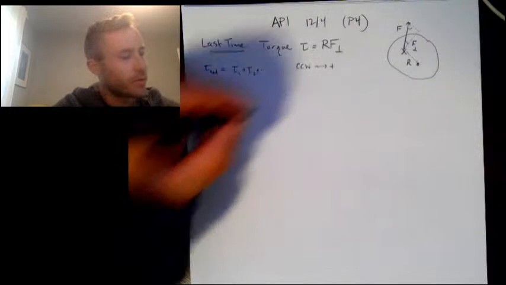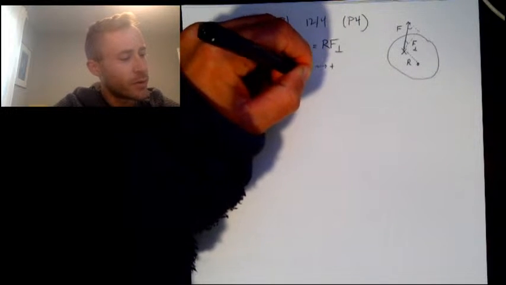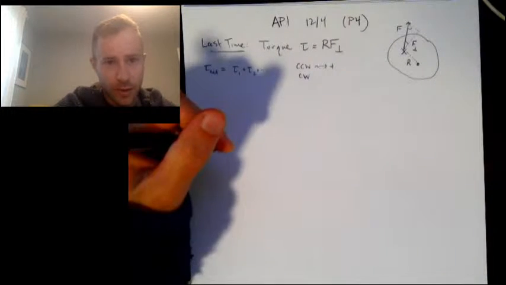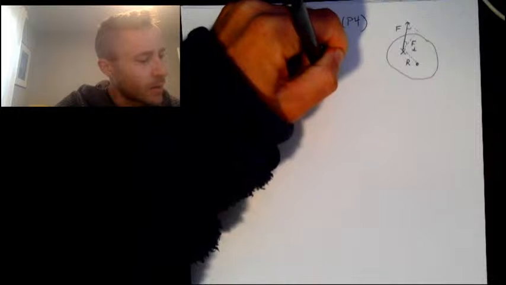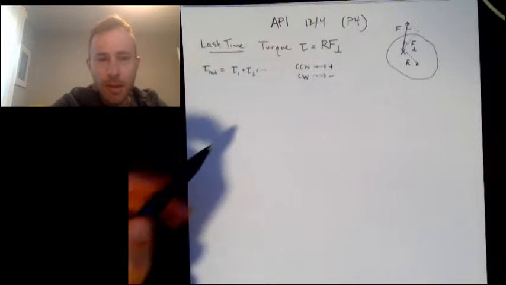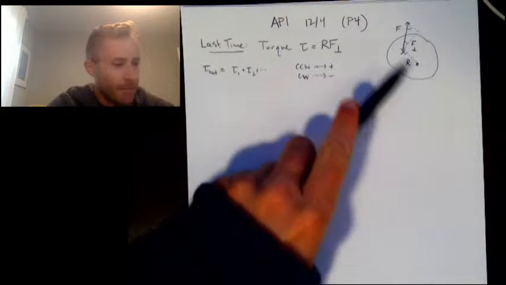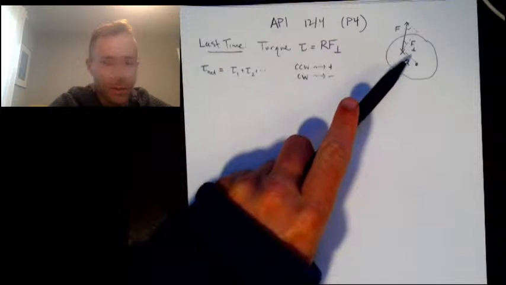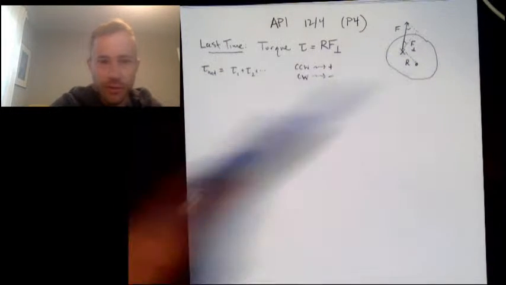And if it would tend to create a clockwise rotation, then that is a negative torque. So go ahead and type it into the chat if you know whether this is a positive torque or a negative torque that's created by this force.